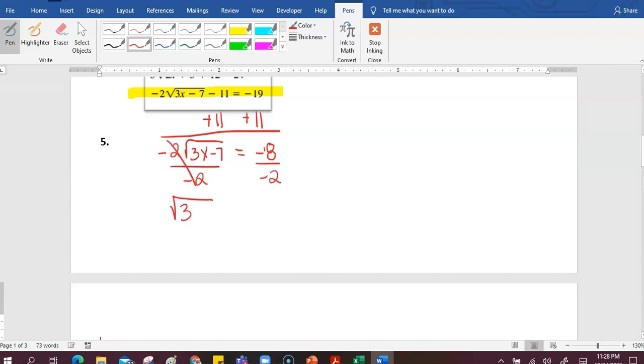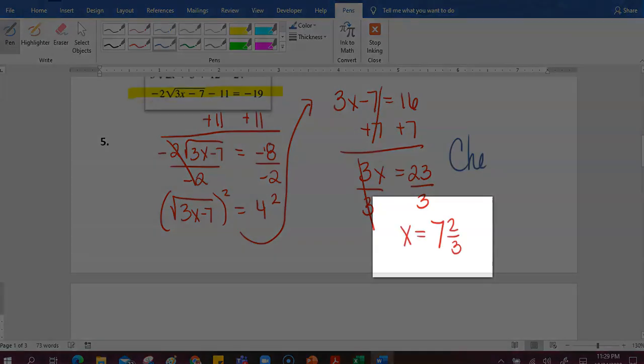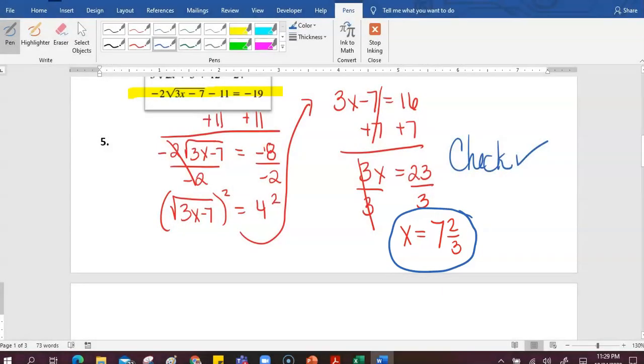And I'm left with 3x minus 7 underneath the radical is equal to 4. From there, I square both sides, and I'm ready to solve the equation and check it and see if it fits and see if it all works out. And we have our final answer that x is equal to 7 2/3.